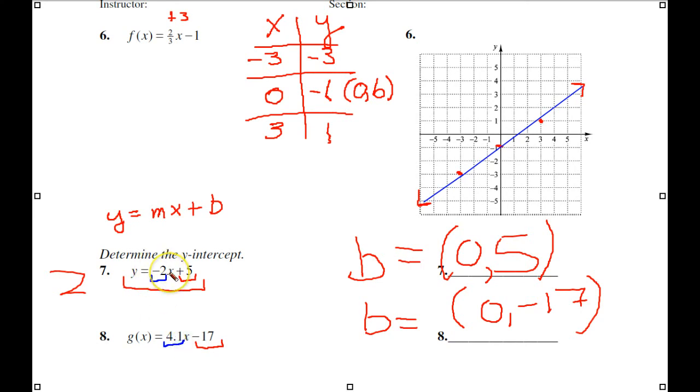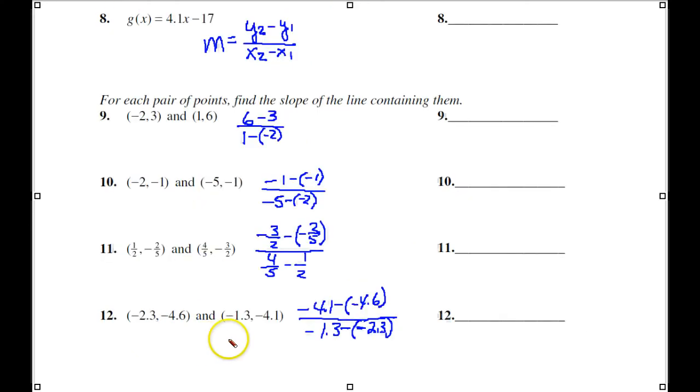So whatever is in the m position on equation 2, that is your slope. Remember, lowercase letter m is how we designate slope, and we still have some things to learn about that.